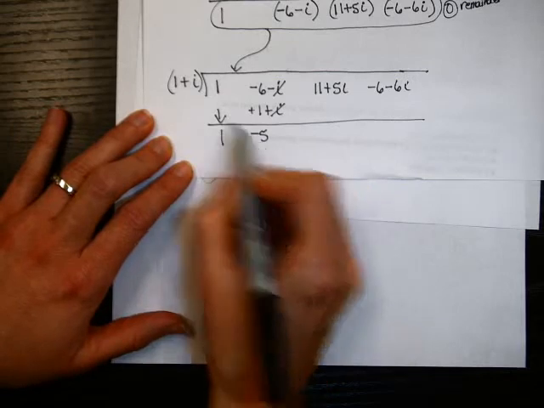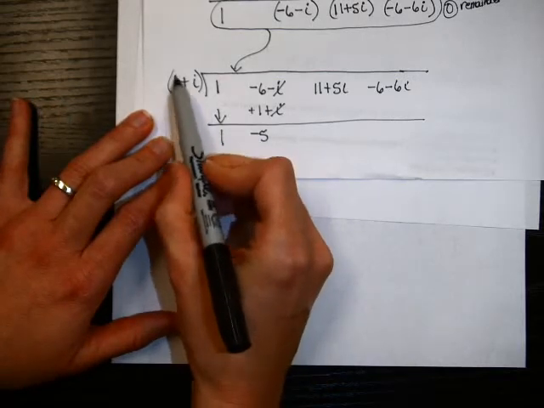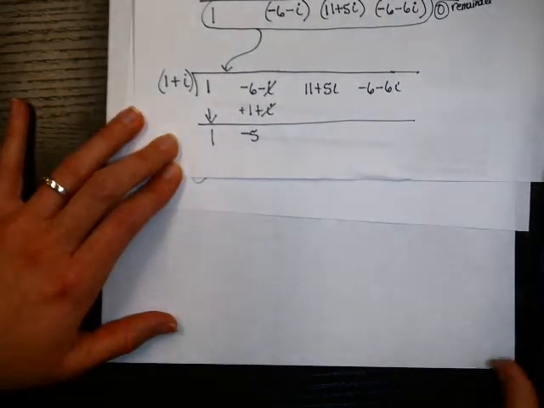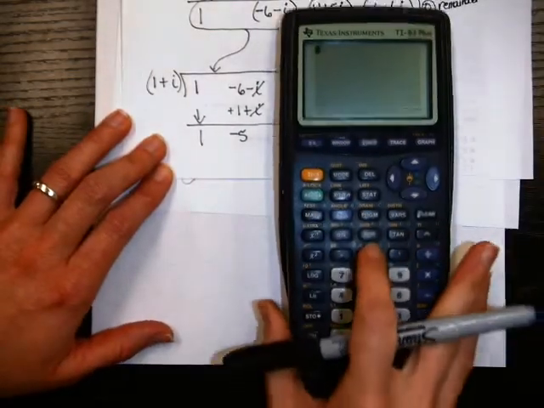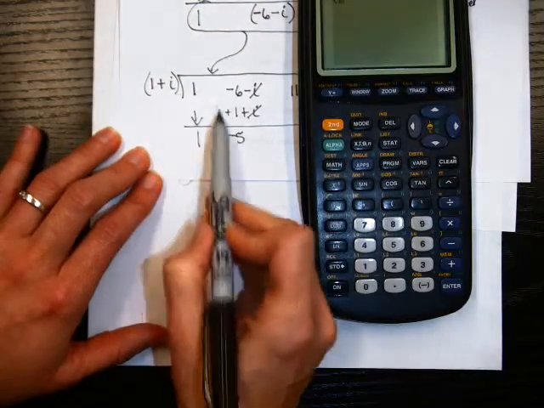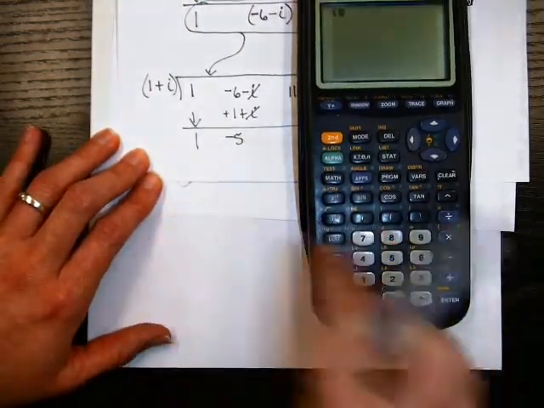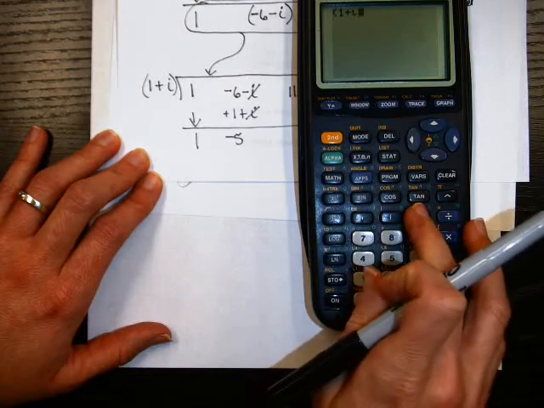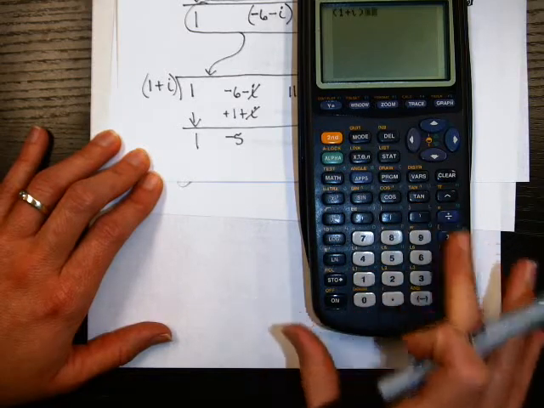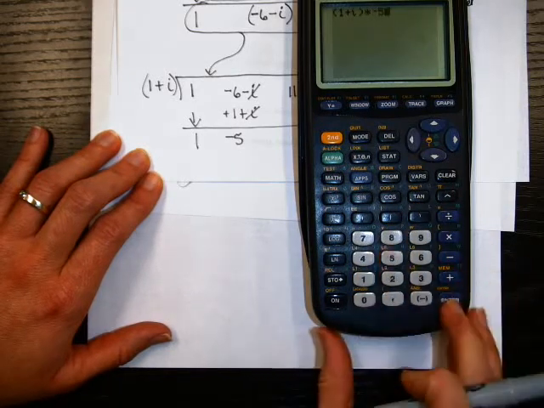I can multiply now 1 plus i times negative 5. You can do the distributive property, or you can type that in your calculator with parentheses, and I will show you that one just in case, because I know I haven't shown you that earlier. So parentheses 1 plus, second decimal point for your i, close it, times, and use your negative key, negative 5.